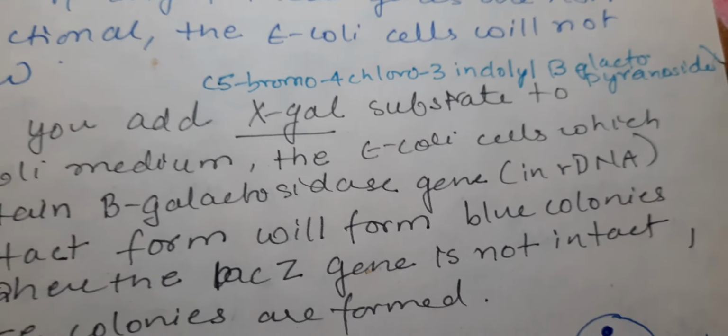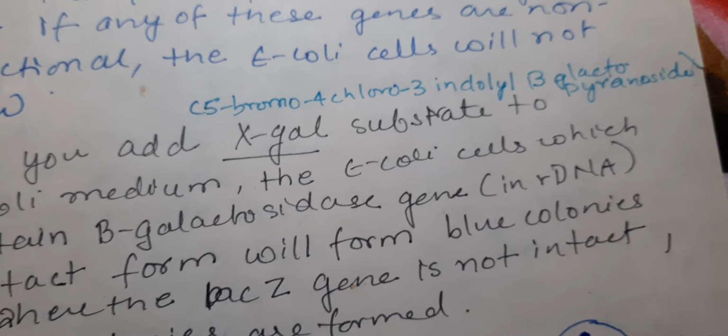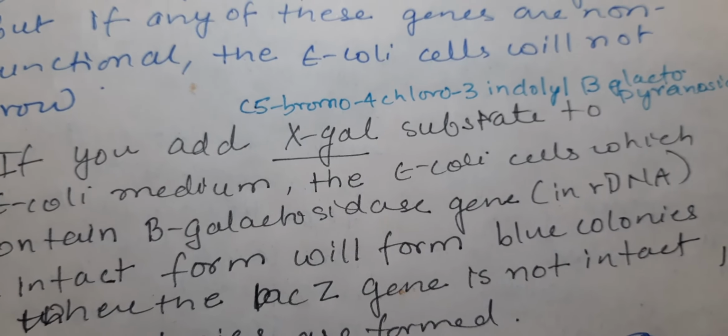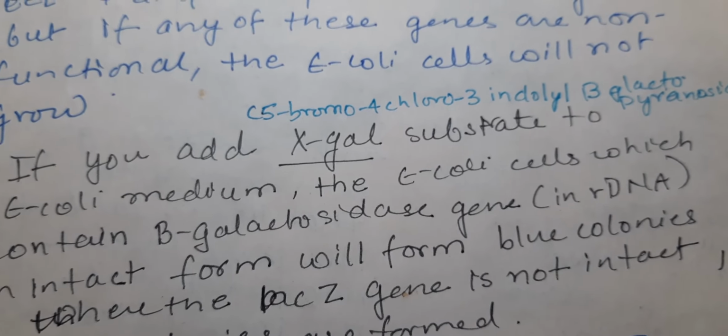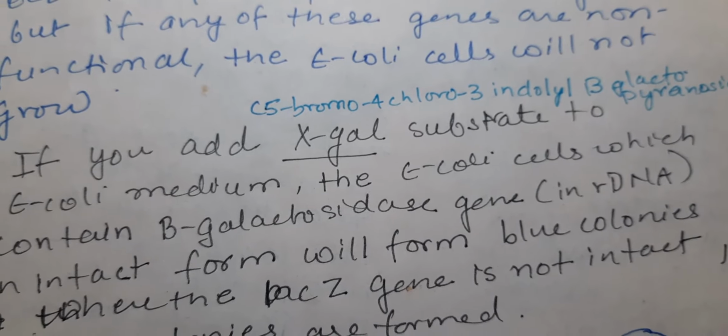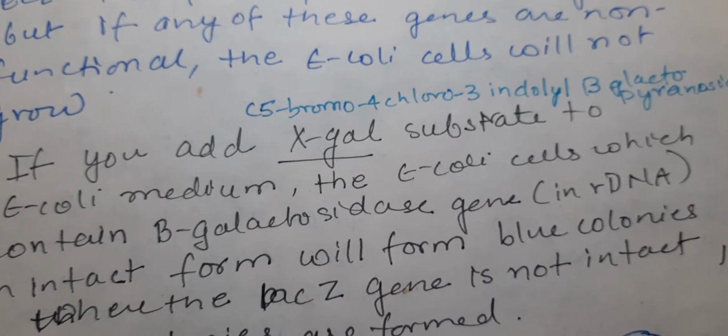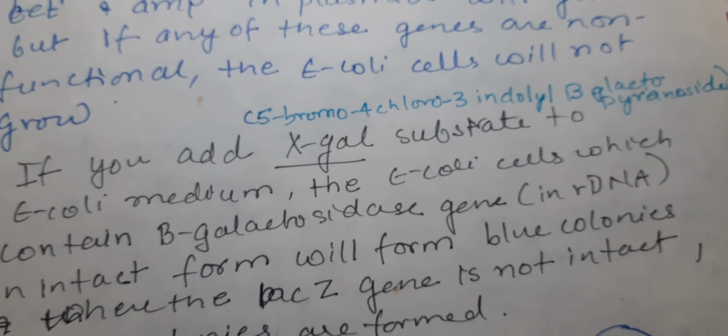Okay, if the gene is intact, if it has not taken any insert of foreign DNA, the gene is intact, and the beta galactosidase enzyme will be synthesized. It is going to act on the substrate X-gal, and since the product is blue in color, it is going to produce the blue colony.